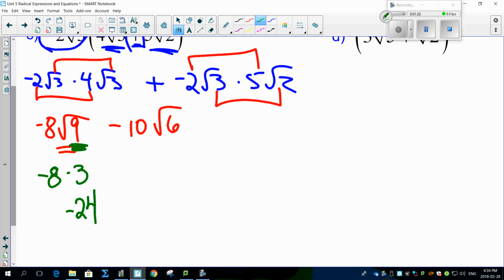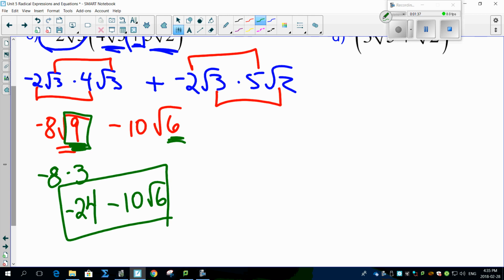So you have to be very, very careful. Sometimes that radical can actually break down. You can't break down the 6. That's done. So that's negative 24 minus 10 root 6. There's your final answer. So you have to make sure you simplify this all the way in order to get full credit on a question like this.